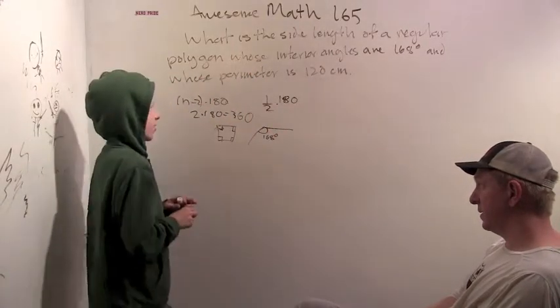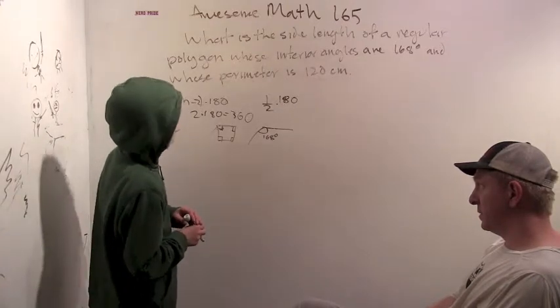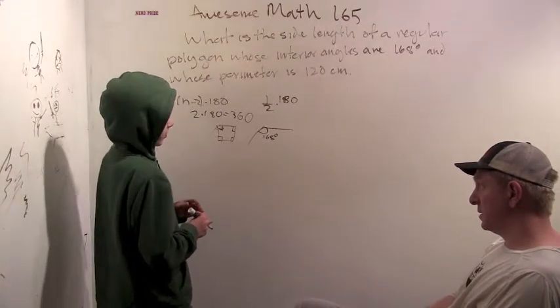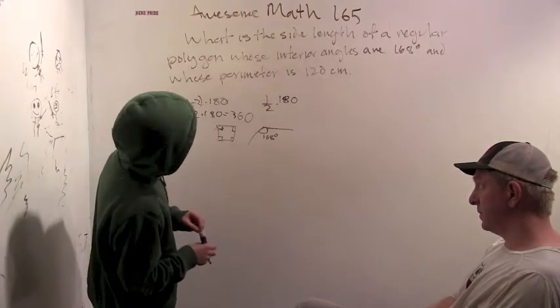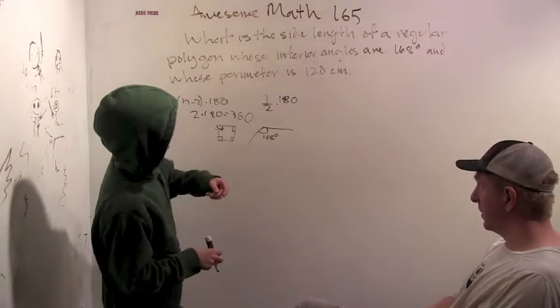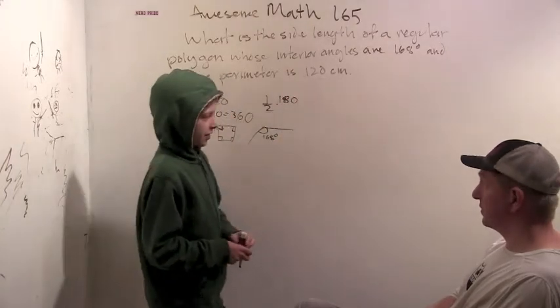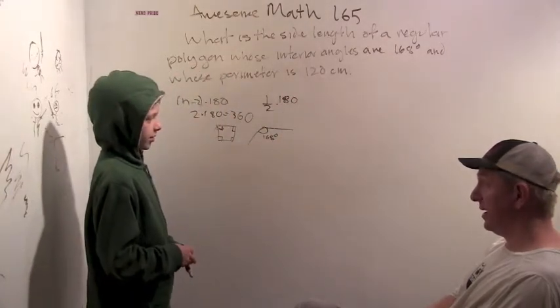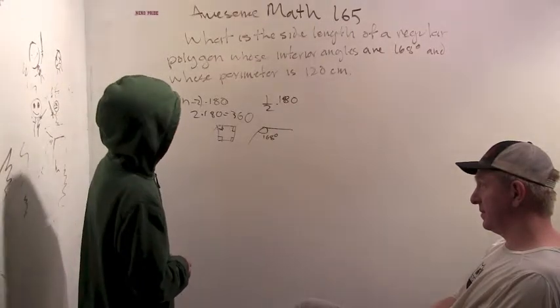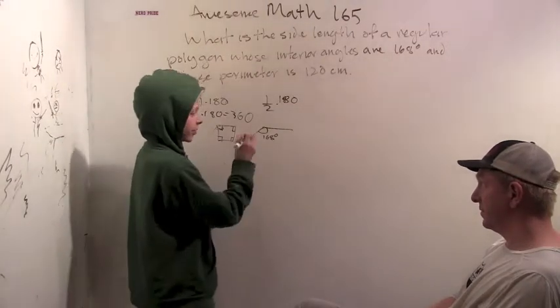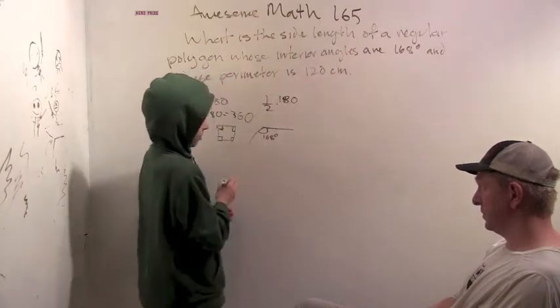Now we have to figure out, well, we can't use the formula for the angle sum, we need to find the number of sides for this shape. How are we going to do that? Well, it said the perimeter was 120 centimeters.